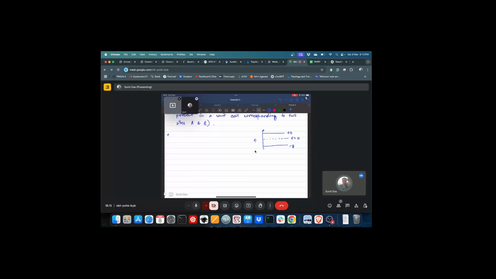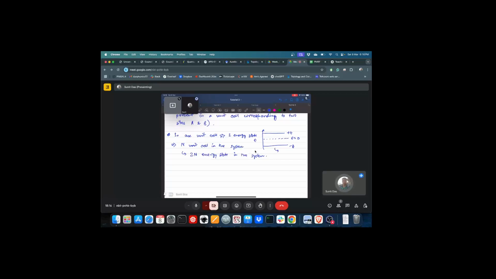So let me write this: in one unit cell, 2 energy states. This implies that since we have n unit cells in the system, there will be 2n energy states in the overall system.